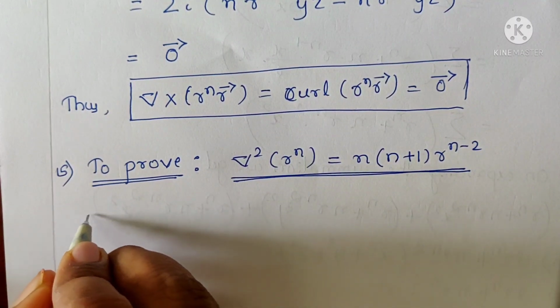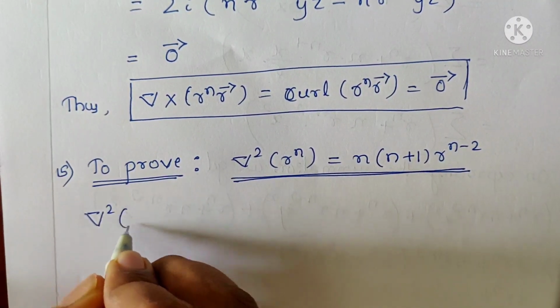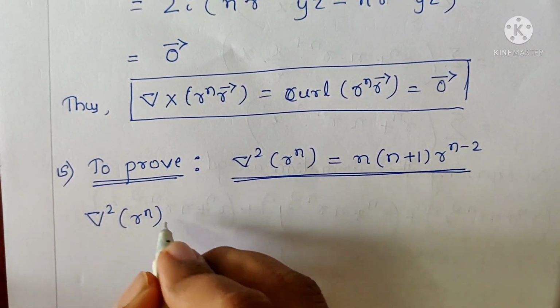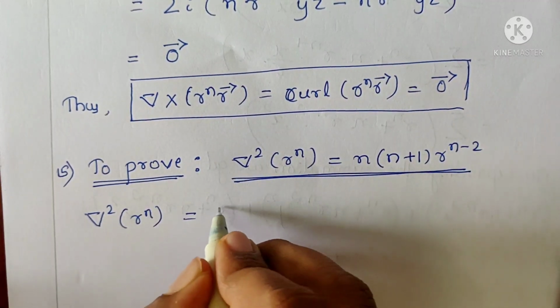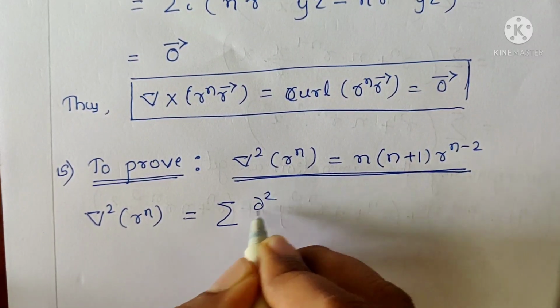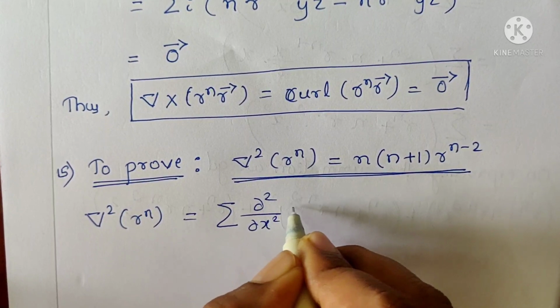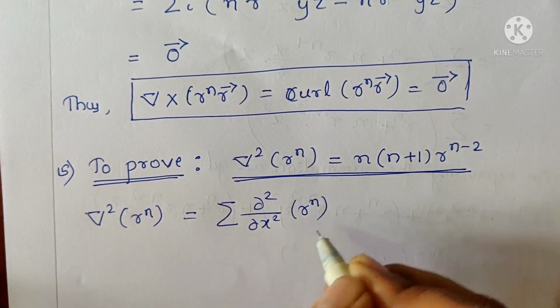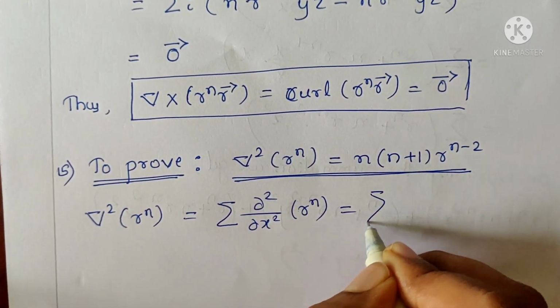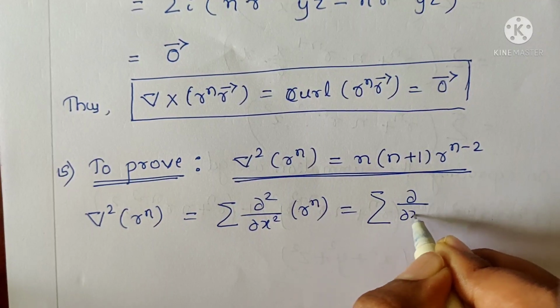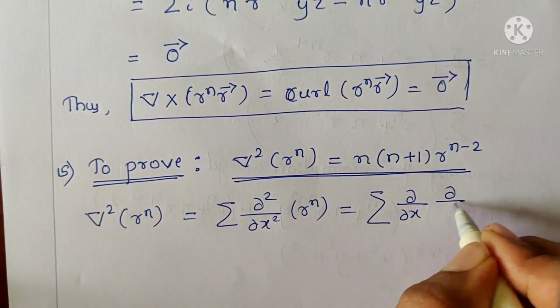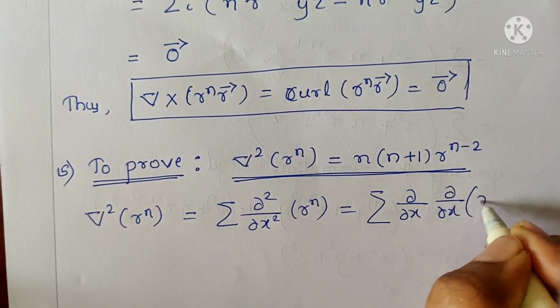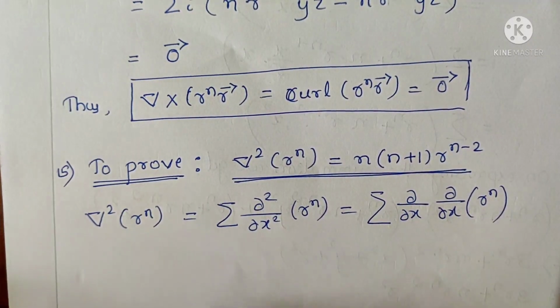Del square r raised to n can be written as summation of dou square by dou x square of r raised to n. That is summation of dou by dou x of dou by dou x of r raised to n.